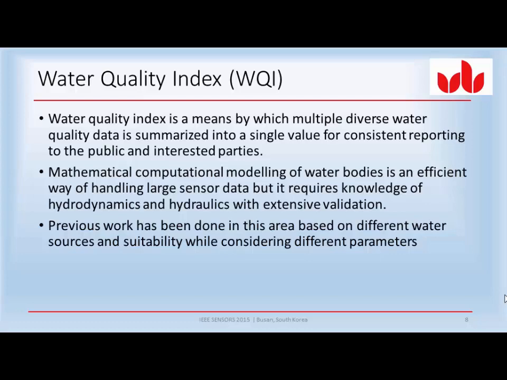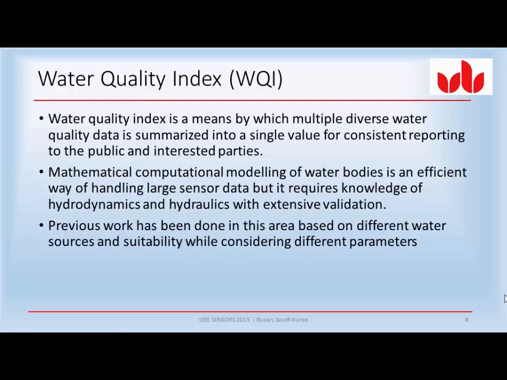What we found was that the water quality index is the means by which multiple diverse water quality data is summarized into a single value for consistent reporting to the public and interested parties. Unfortunately, there is not one single formula for the water quality index, and it varies from research group to research group.